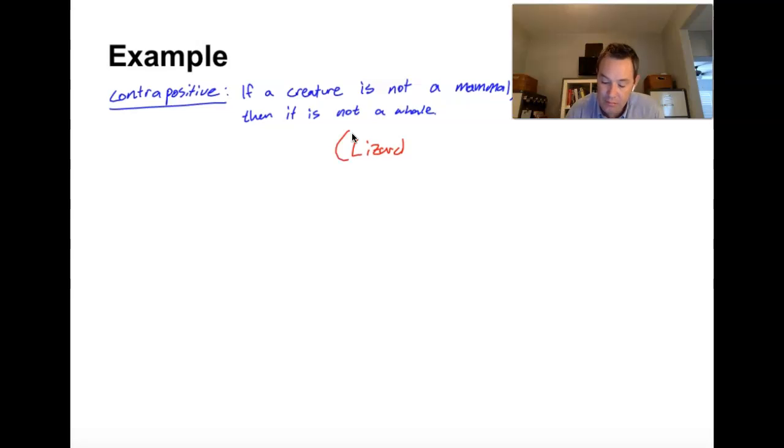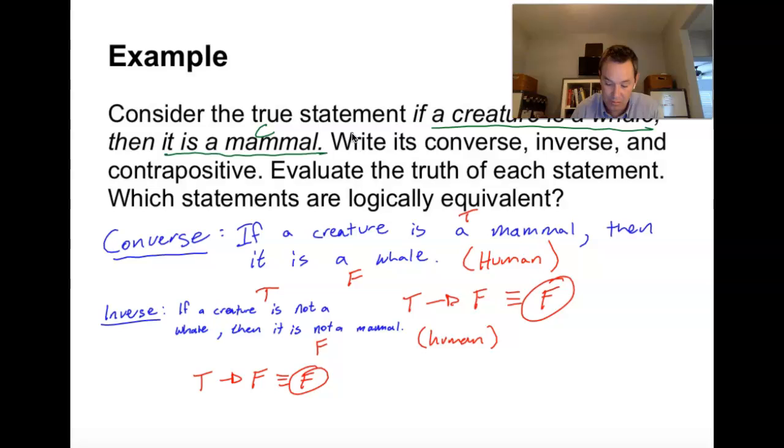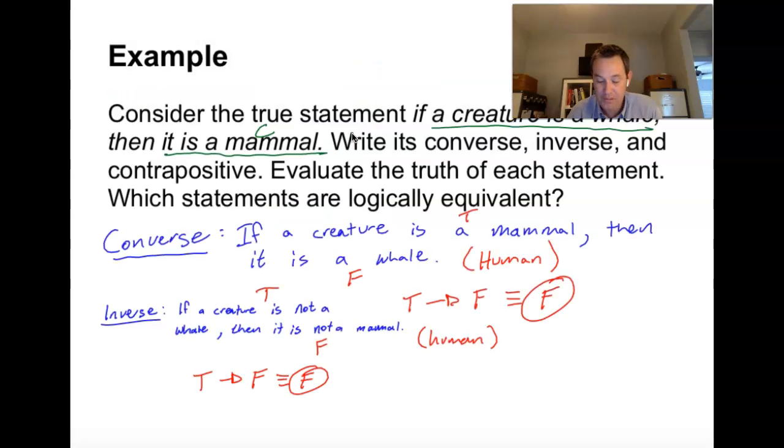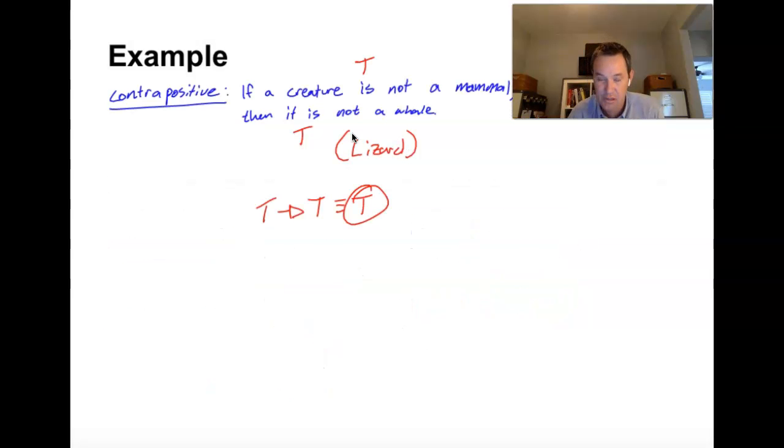So if a creature is not a mammal, true, then it is not a whale. True, and we know that true implies true gives us true in a conditional statement. So this one overall will end up being true, which will match our original statement, which was true. And you can see logical equivalence there, right? The original statement is true, so the contrapositive must also be true. The converse and inverse are going to have opposite truth values of that original statement, so they are both false, and they're also logically equivalent to each other.